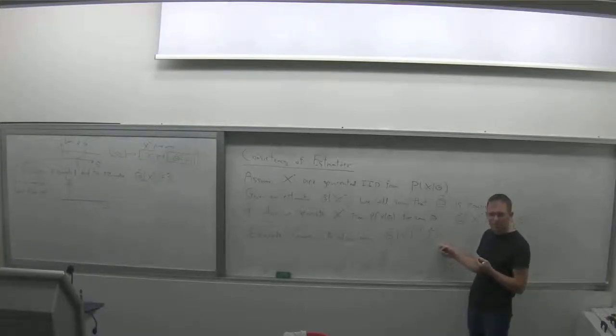What are these variables? IID Gaussians. What is the sum of independent Gaussians? If they're independent, and they are, the sum of independent Gaussians is a Gaussian, with mean the sum of the means.